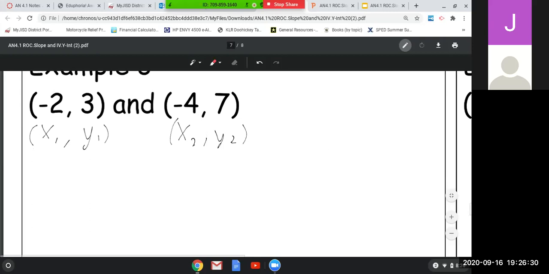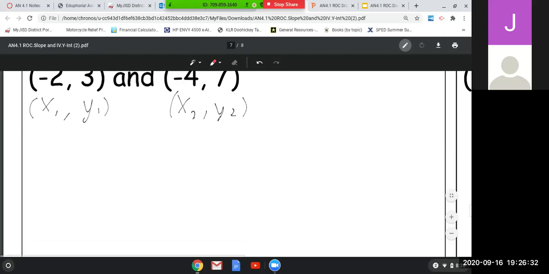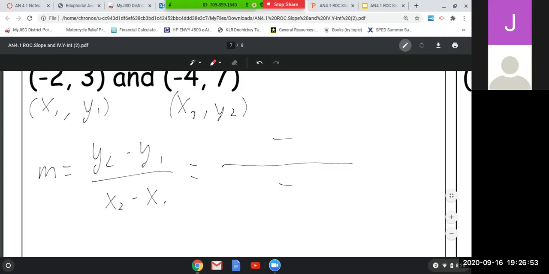So to find slope, I'm going to write that formula again. M equals y2 minus y1 over x2 minus x1. And now I'm going to plug those values in. It's going to be something minus something over something minus something else.